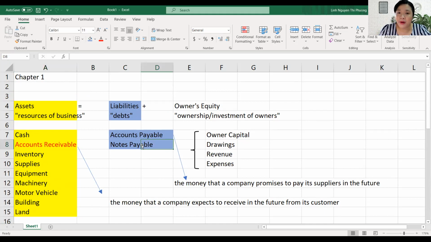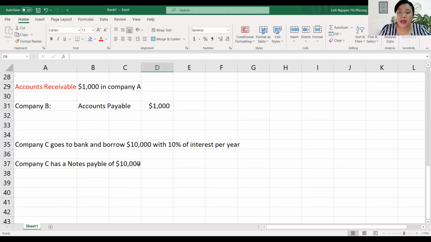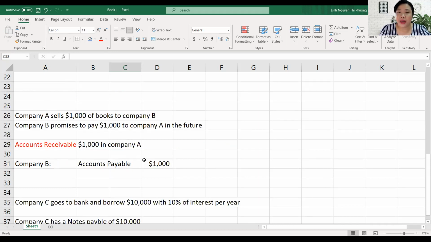But for note payable, normally when you borrow a big amount of money from the bank, you will have to pay the amount of debt with interest. You sign a note with the bank or a financial company and promise that you're going to pay that in the future. So we call it note payable.